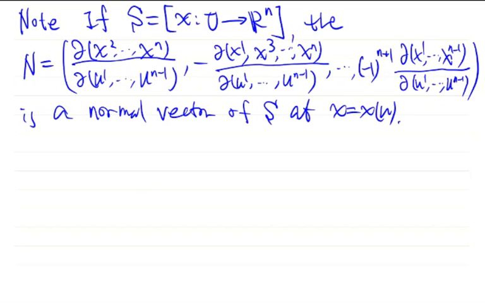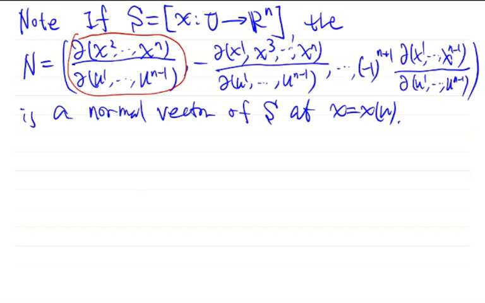Here, all the components are Jacobian determinants. So the first component is the Jacobian determinant of x2, x3, ..., xn with respect to u1, u2, ..., u_{n-1}. And the second component is minus the Jacobian determinant of x1, x3, ..., xn with respect to u1, ..., u_{n-1}.